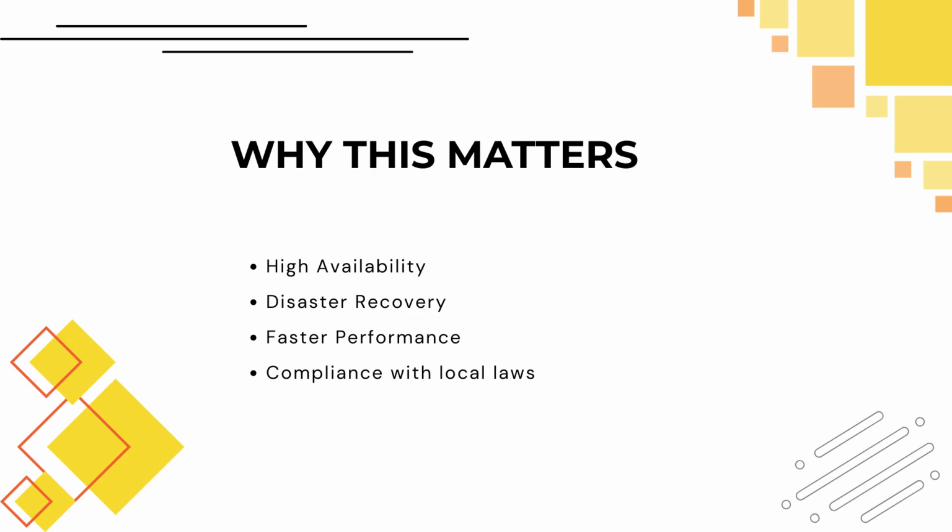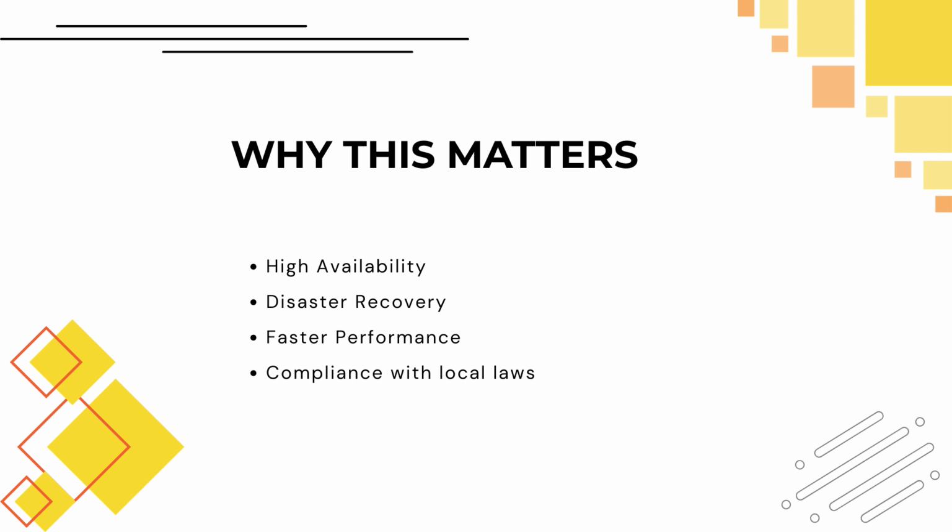Why does this matter? Now you might be thinking, why do I, as a cloud engineer, need to care about all this? The answer is simple. Understanding AWS global infrastructure helps you design better solutions. It ensures high availability by spreading your apps across availability zones. It provides disaster recovery so you can fail over to another region if one entire region has issues.